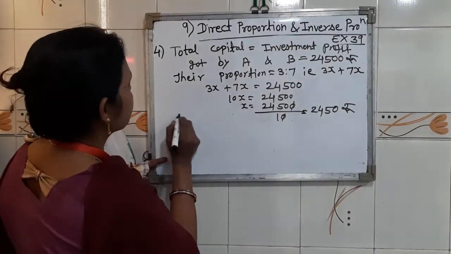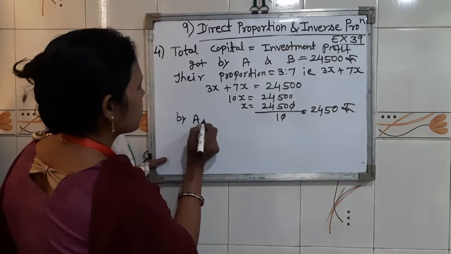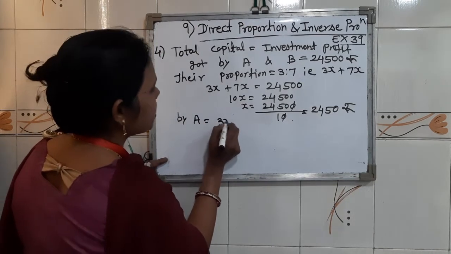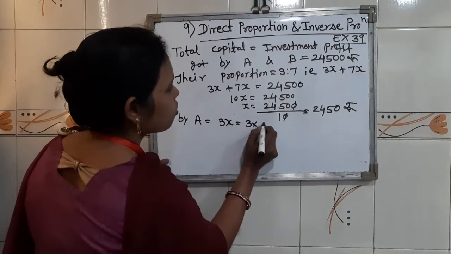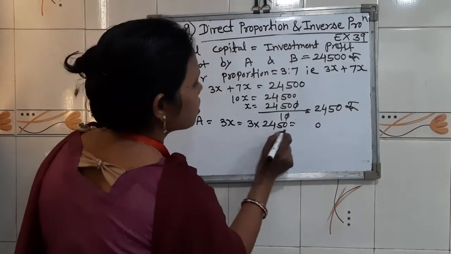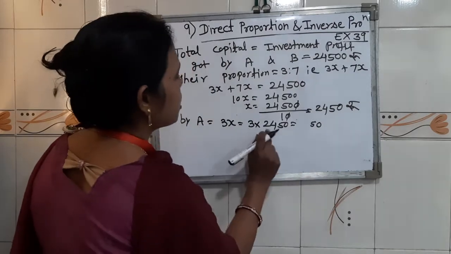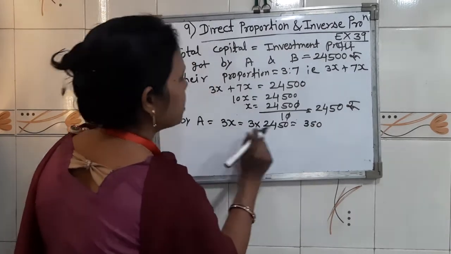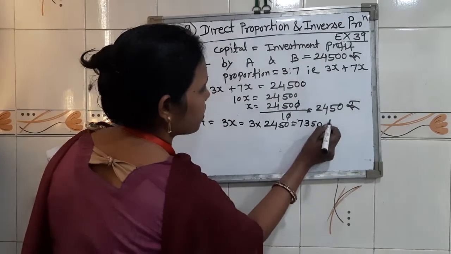Then investment by A equals 3x equals 3 into 2450. 3 zeros are 0, 3 fives are 15, 3 fours are 12, 13, 3 twos are 6, 7.